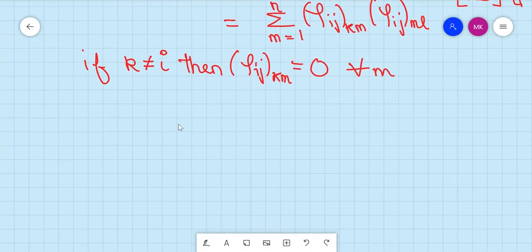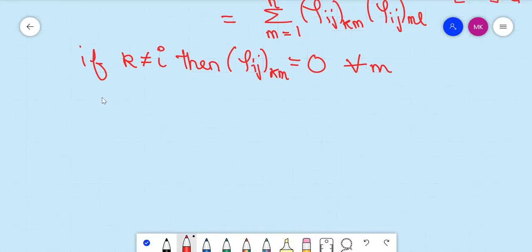So our proof is much simpler now, because we only need to prove that this is also the case for k equal to i.